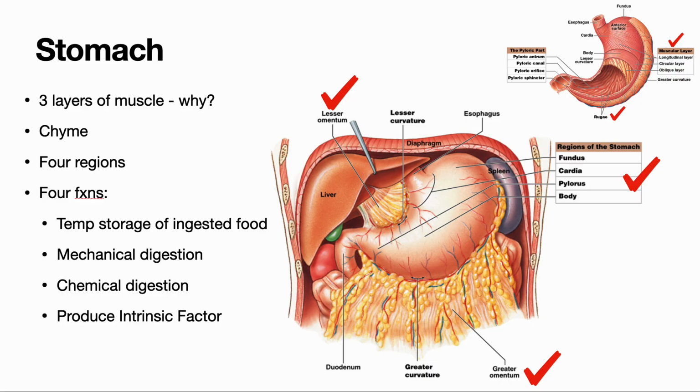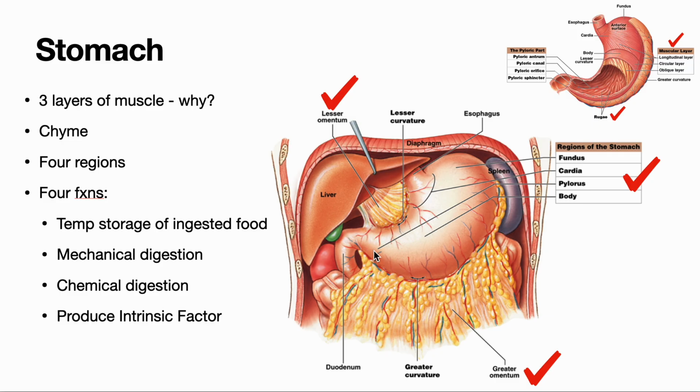And we have 4 anatomical regions to the stomach that we need to know about. So I mentioned earlier where the esophagus enters into the stomach is the cardiac region. This is actually located not far from the heart, so that's why it's called heartburn, because it feels a little bit like it's where your heart is. A little bit higher than that is the fundus of the stomach, and then we have the main portion, which is the body.